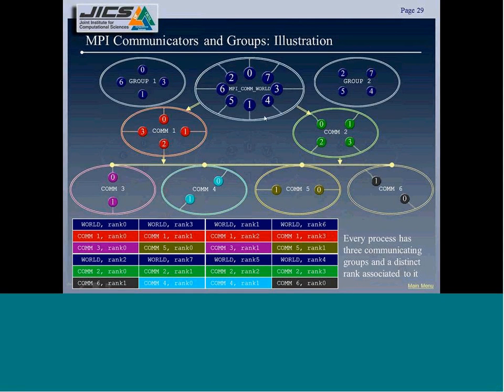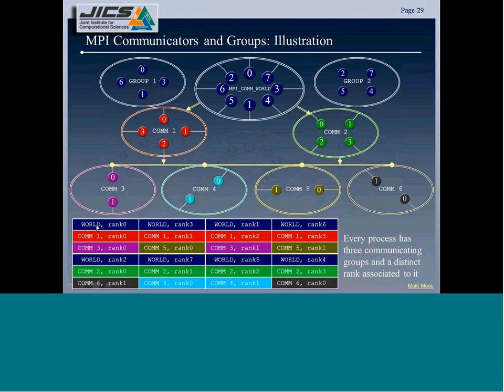So here's an example, an application that uses 8 processes, and of course, all 8 processes belong to MPI_COMM_WORLD. So the base group is 8, and the table should really have been one long table of 3 by 8, but since it doesn't fit this slide, I used the color.